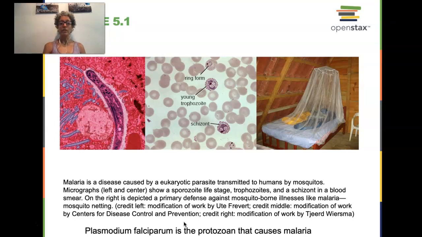However, nearly everywhere in the world, except for places that have permafrost, there are going to be mosquitoes. The best way to combat mosquito-borne diseases is by controlling mosquito populations. And mosquito nets are one of the most inexpensive and effective means of reducing exposure to the malarial parasite because it's transmitted by mosquitoes.